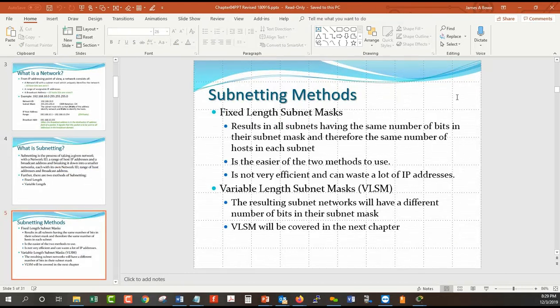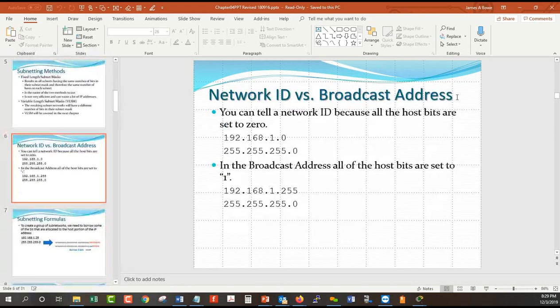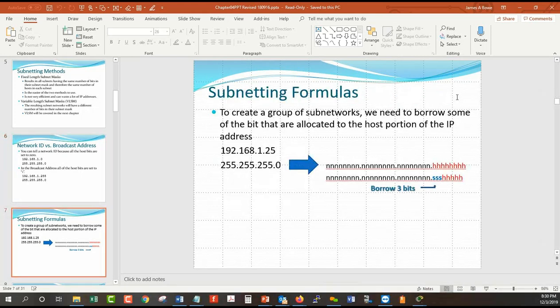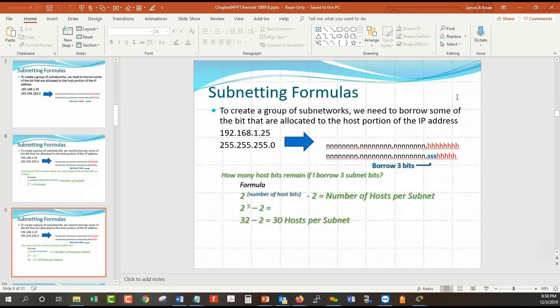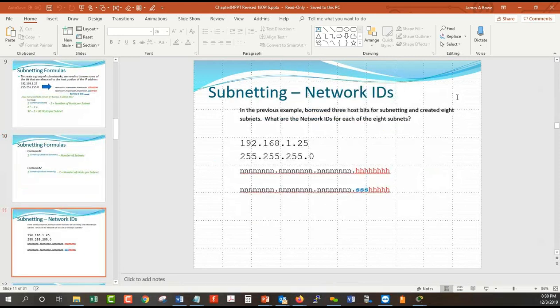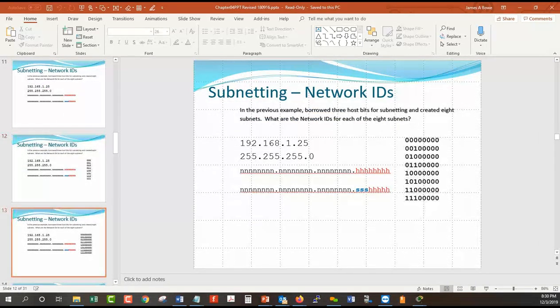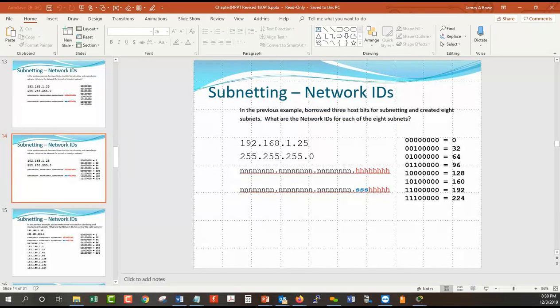So these are some additional notes that I have. I have gone through all of this stuff with you. We talk about network ID versus broadcast addresses and so on, okay? If you want, you can look through this. But I think we all now understand how to do fixed length subnetting. And that's what this chapter is all about.